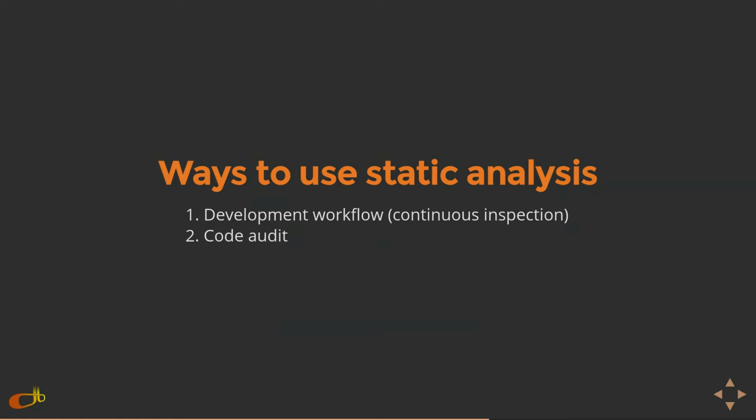Basically, this means if you're using a continuous integration system like Travis or maybe Circle CI or even Jenkins, with every pull request or every patch, you are running automated tests. In addition to that, you're running static analysis. And that feedback is going to go back to the person who created it as well as the rest of the development team. So development workflow is going to be one approach.